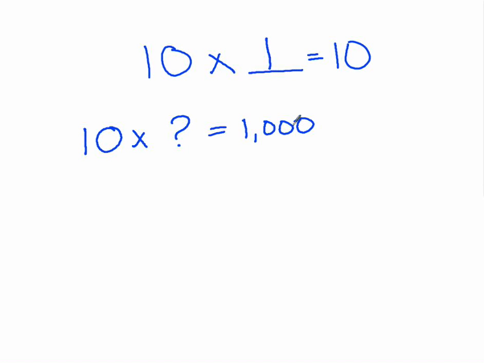In order to solve this problem, you're only allowed to use one factor, and that's 10. You can use 10 as many times as you want until you get to 1,000, but you can only use the factor 10. So take a moment, write the problem on your desk, discuss with your neighbor what you did to get to the answer 1,000 by using only the factor 10.